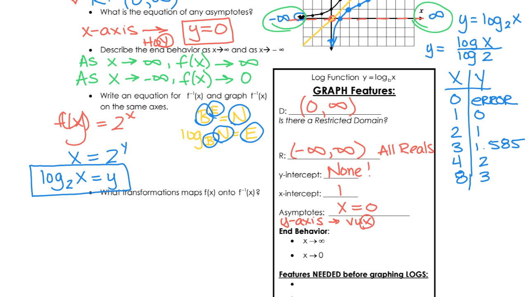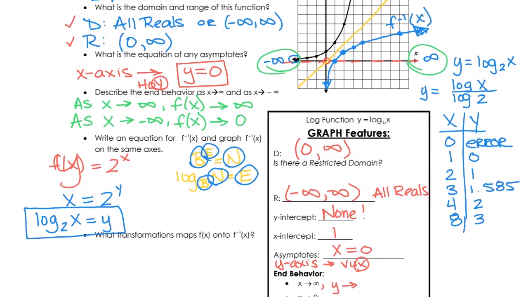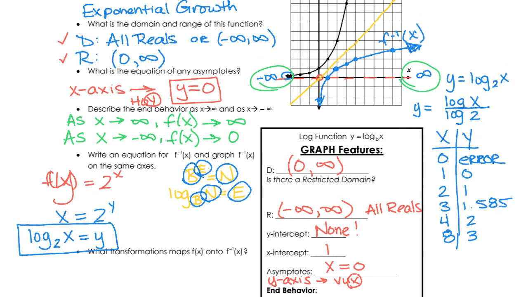They want to know the end behavior. So as x approaches infinity, we would tell them that y approaches. So let's go back up to our graph and see. As x approaches infinity, what are your y values doing?